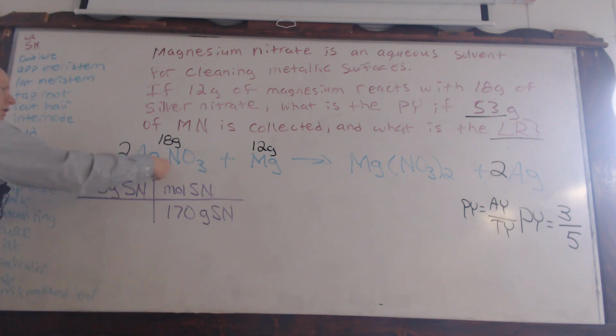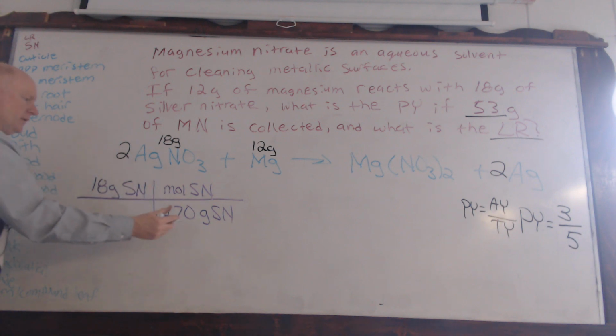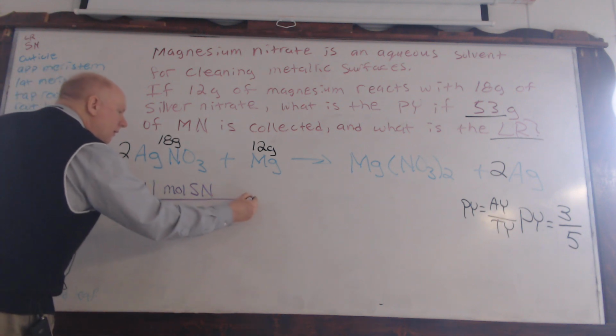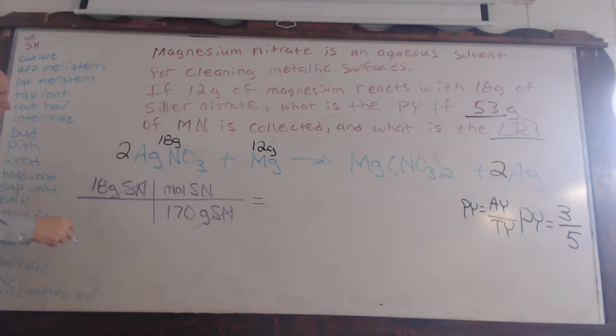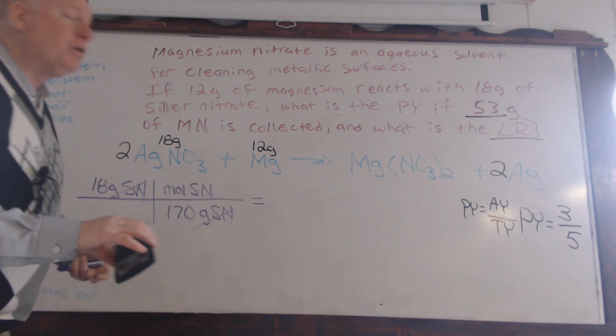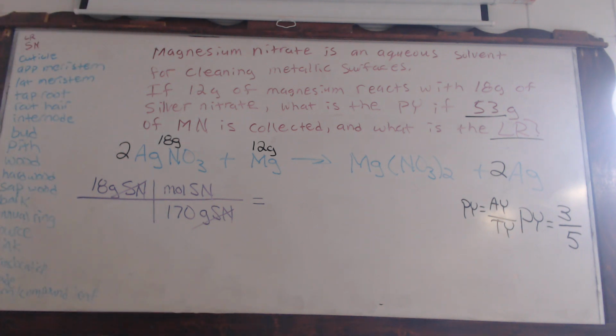So when you add all them atomic masses together, here's your molar mass. Moles over grams. Okay? So these are gone. You're in moles of silver nitrate, and that's what we want to be. So what do we do next? Convert to moles. So 18 divided by 170.